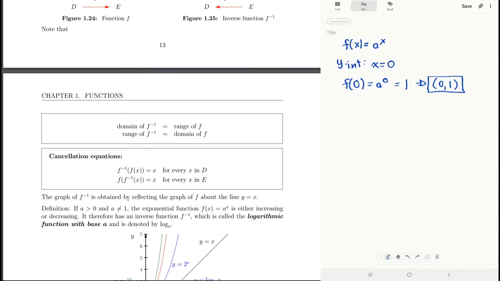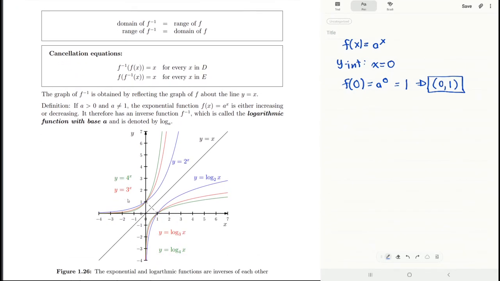And the graph of the inverse function is obtained by reflecting the graph of f about the line y equals x. So in this diagram here, we have the exponential functions on the left, so y equals 2 to the x, 3 to the x, and 4 to the x. Now the line y equals x is this straight line through the origin. And if we were to reflect about this line, then we obtain the inverse functions.